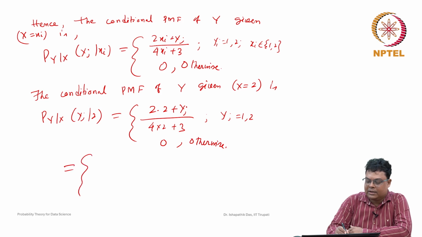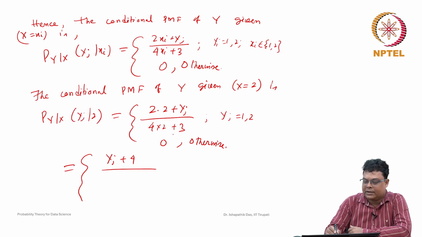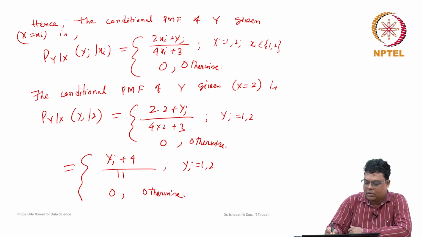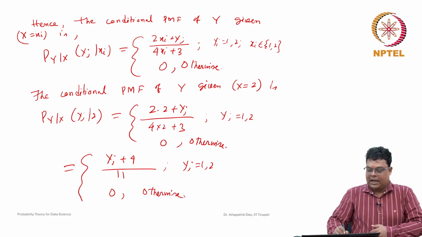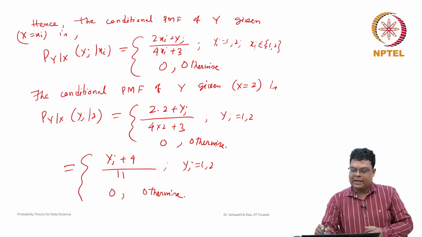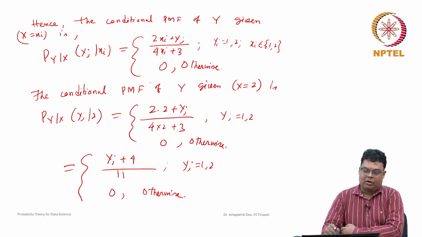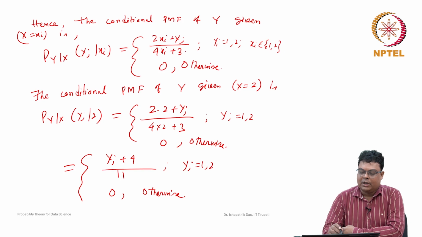So finally, if we simplify it, we get (yj plus 4) by 11, since 4 into 2 is 8, 8 plus 3 is 11, whenever yj is equal to 1 and 2, and 0 otherwise. In this example it is very clear that whenever we define the conditional probability mass function, it seems like a bivariate type, but actually the variable is yj and xi acts as a parameter, some constant value.